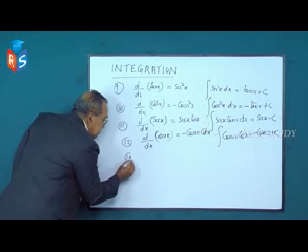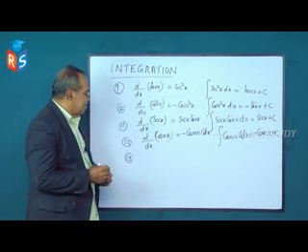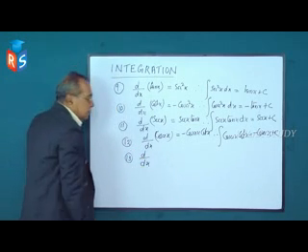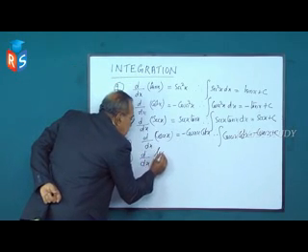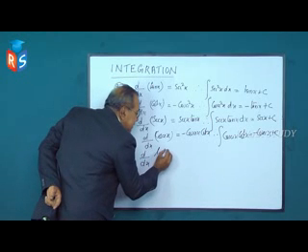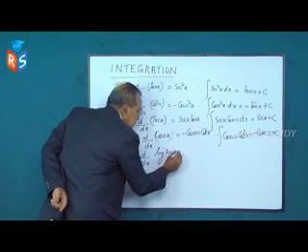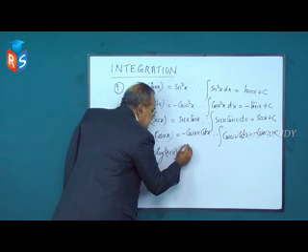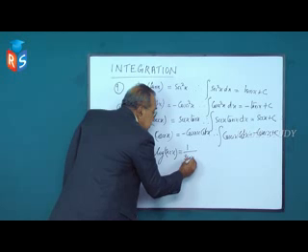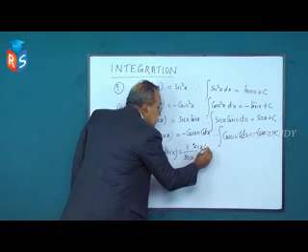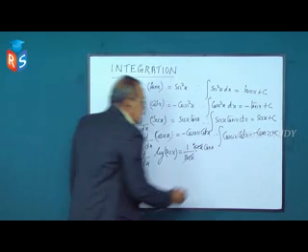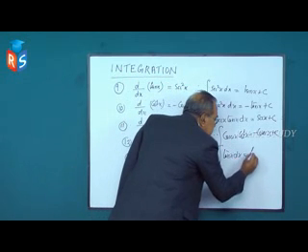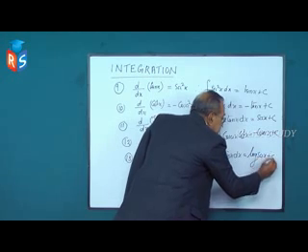13. D by dx of log sec x is equal to 1 by sec x into sec x tan x. Therefore, the integral of tan x is equal to log sec x plus c.